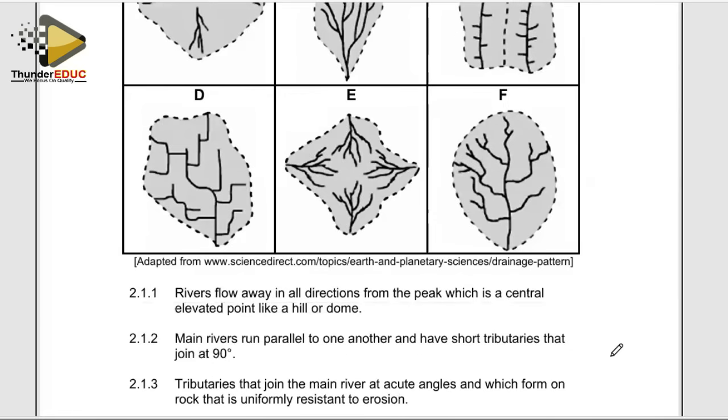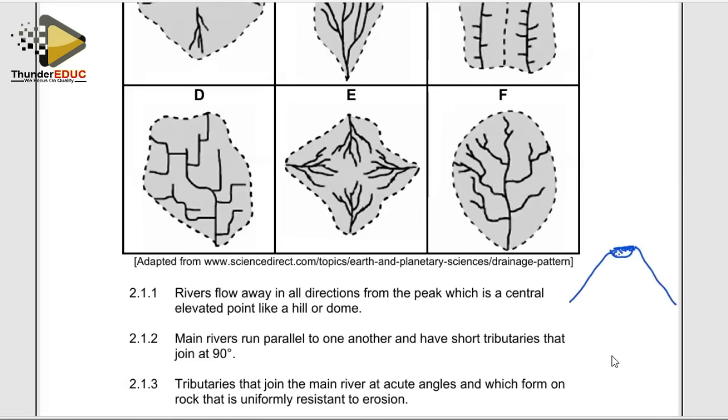Right. The first one is saying rivers flow away in all directions from the peak, which is a central elevated point like a hill or a dome. We are explaining something like this. Let's say maybe this is a volcanic mountain, and then maybe there's a volcanic lake on top.